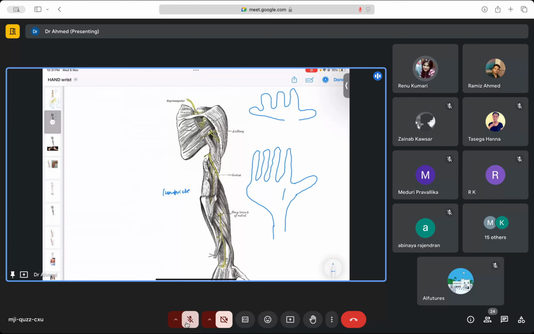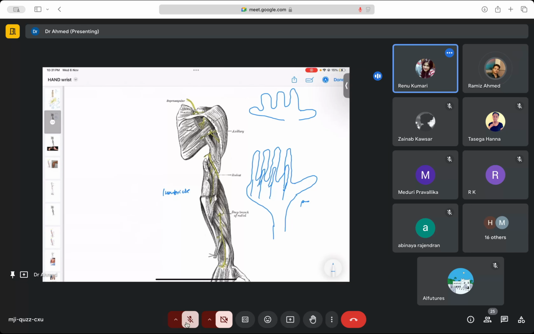You have an extrinsic muscle in your forearm known as flexor profundus, and the lumbricals arise from the tendons of these profundus muscles. So you have four lumbricals.